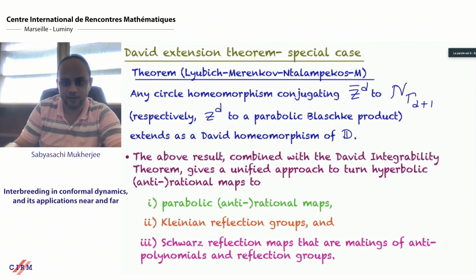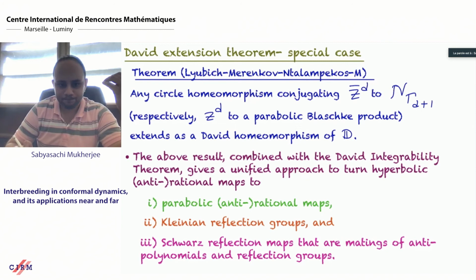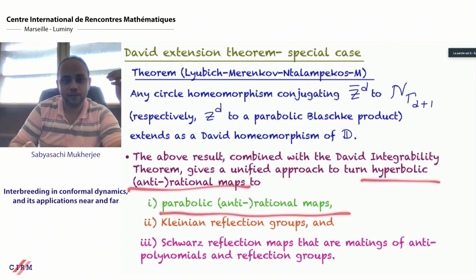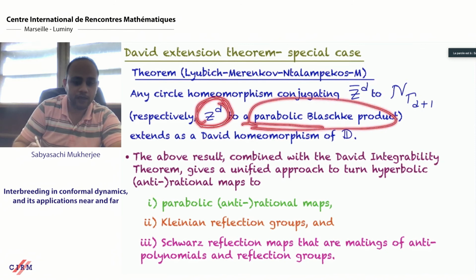Once you have this extension theorem for circle homeomorphisms conjugating hyperbolic maps to parabolic maps, you can do a whole lot with it. Essentially, this puts several things into one unified context. Namely, you can turn a single hyperbolic rational map into a parabolic rational map just by replacing an expanding Blaschke product by a parabolic Blaschke product.